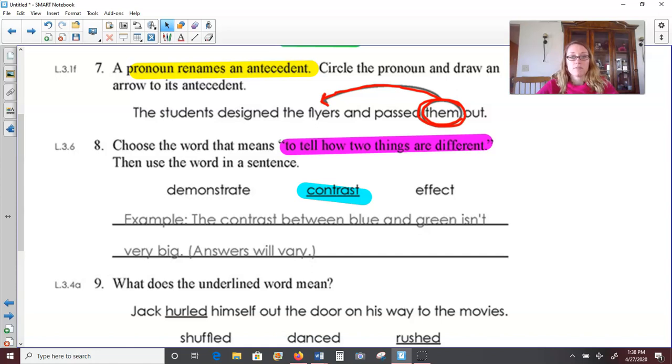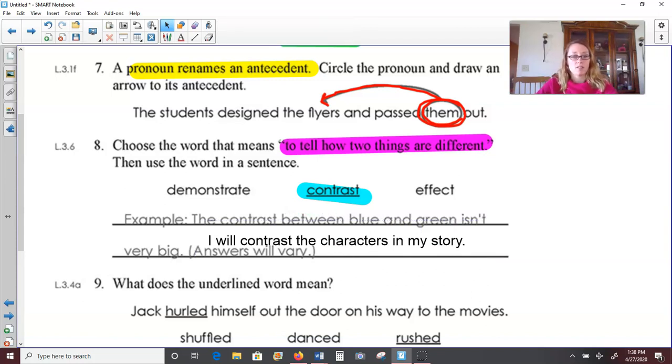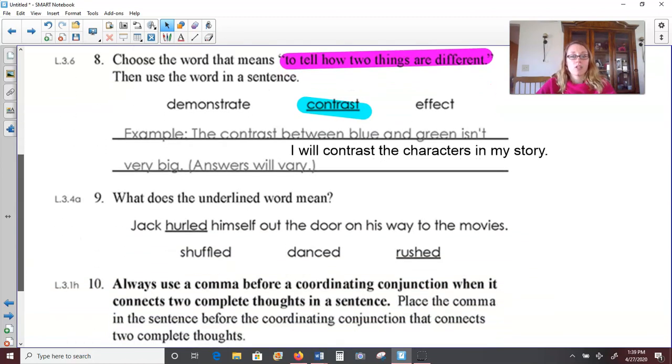There's not much difference between them. So I might say, I will contrast the characters in my story. So instead of comparing the characters, I might contrast the characters, meaning I might tell how the two characters are different. So you can use one of our example sentences, or you can come up with your own using the word contrast.